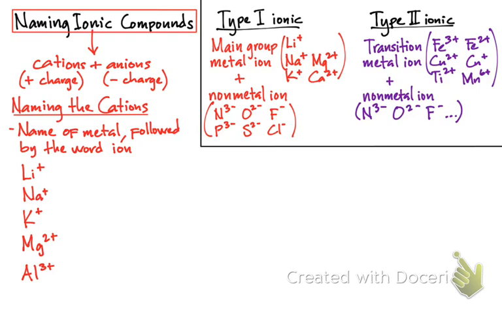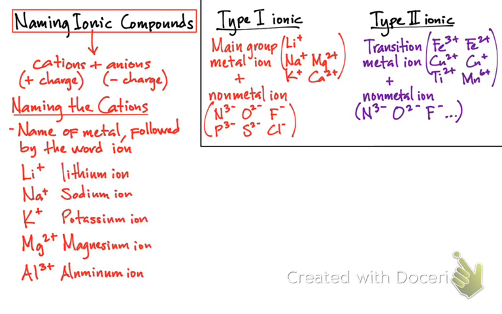So because these type 1 cations only have a single charge, right? And you can easily predict them by looking at where they are in the periodic table. So if it's a group 1 element, then they tend to have a positive 1 charge. If it's a group 2 element, then they tend to have a positive 2 charge, group 3. So basically these main group elements or metal ions have ionic charge that matches the group number. Okay, so again, this is lithium ion, sodium ion, all the way to aluminum ion.